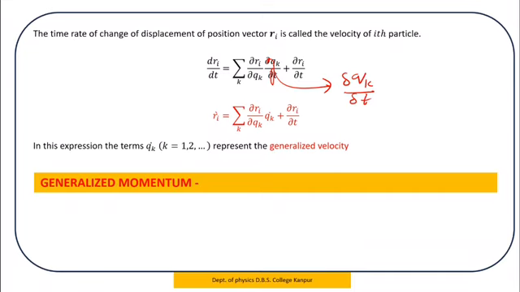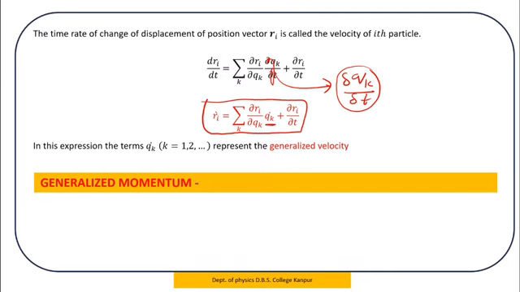This can be written with qk dot: ∂ri upon ∂qk times qk dot plus ∂ri upon ∂t. This is the velocity of the ith particle in terms of generalized velocity qk dot.